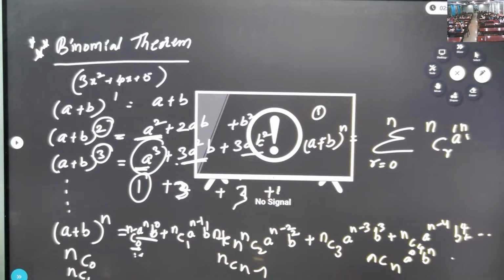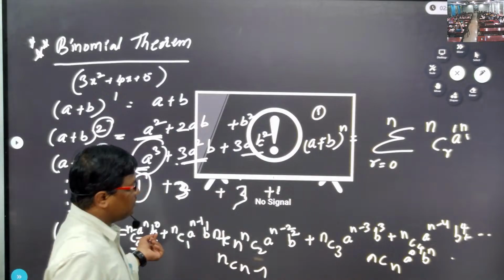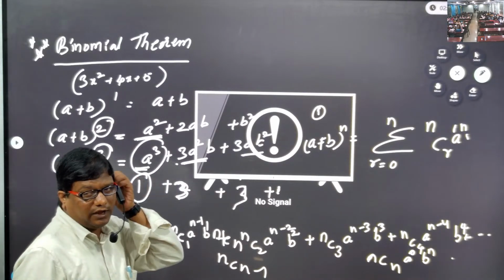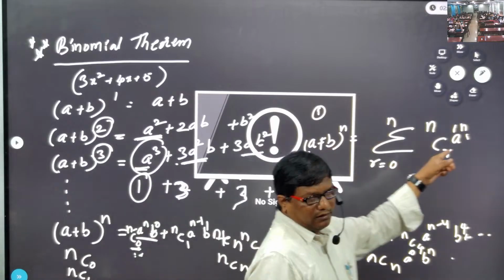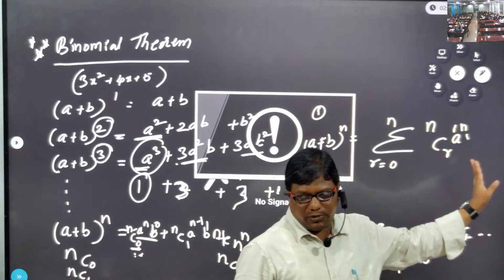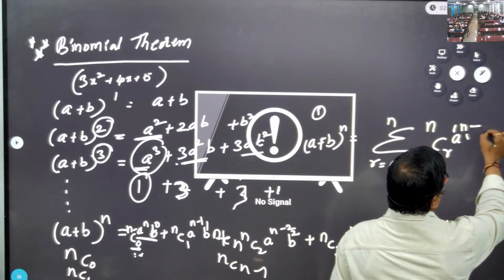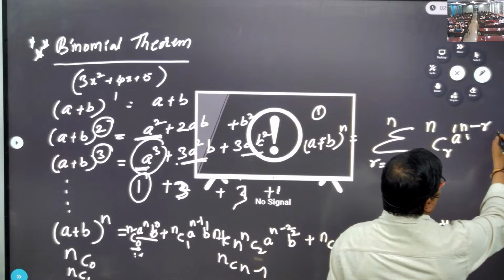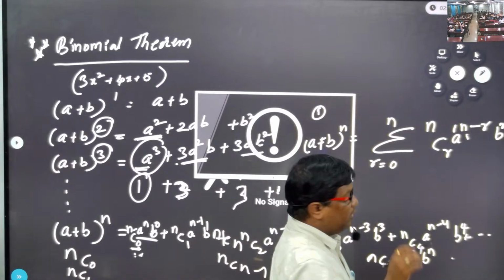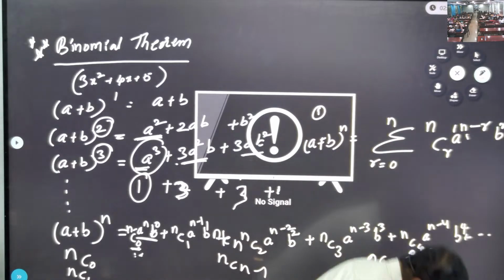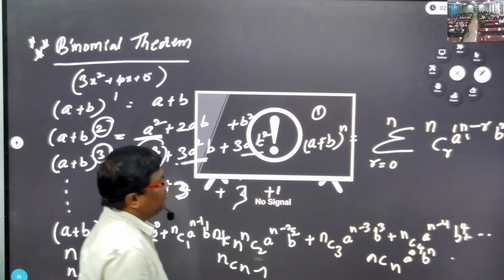If you are calculating for the nth term, what is your r value? nCr, a power n, into b. So how is it changing? nCr, a power n minus r, b power r. Okay, so check with the complete expression.